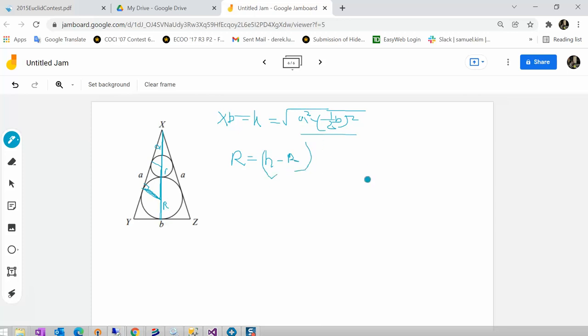Yeah, h minus r times sine alpha. Sine alpha we know, sine alpha is equal to a over half b, right?